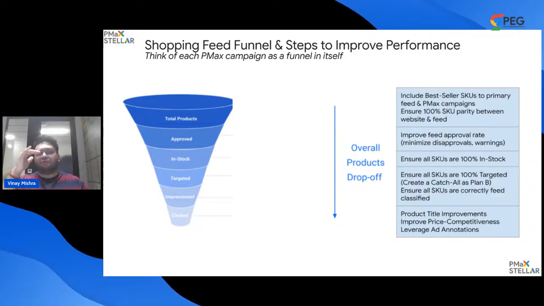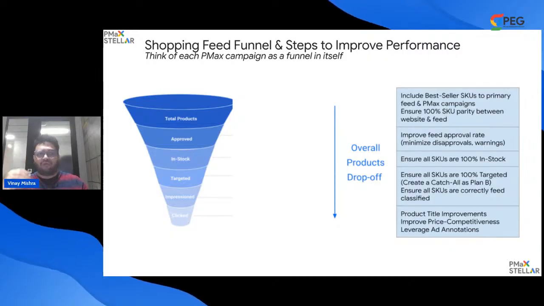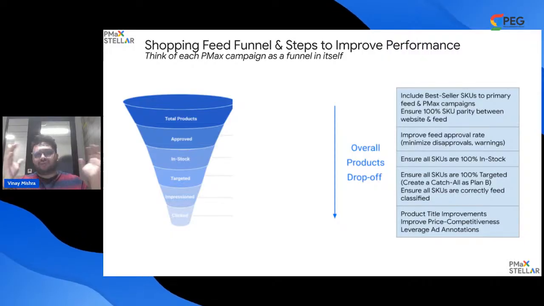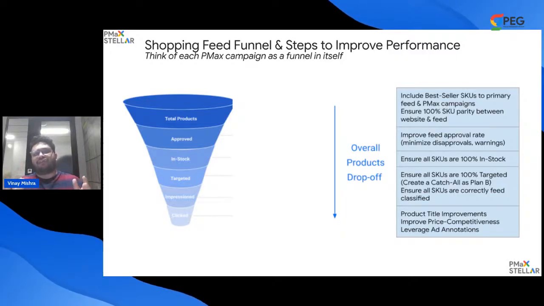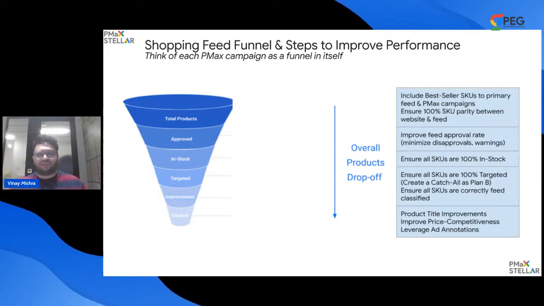We would always want our total products to serve and get the maximum conversions that we can get, right? However, out of the total products, let's say I have 100 products. Out of the 100 products, there are chances that 90 or 95 of the products would get approved, or there would be certain policy issues that we have encountered in the other five.